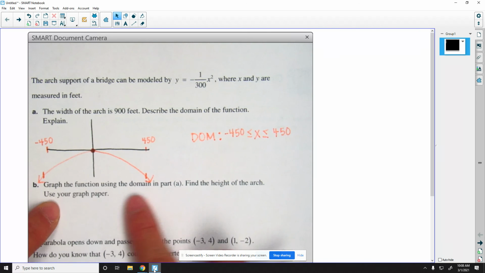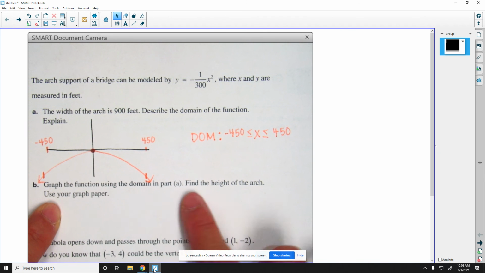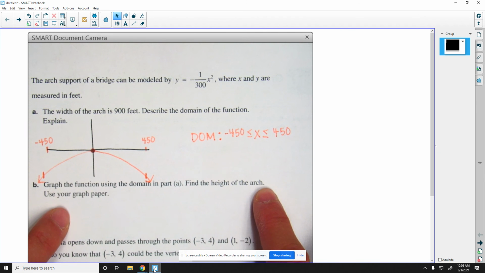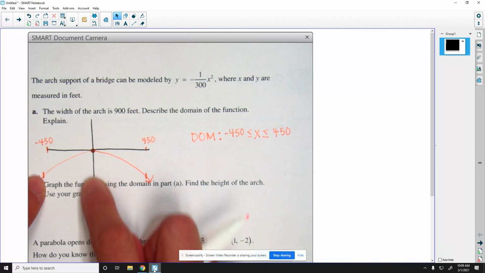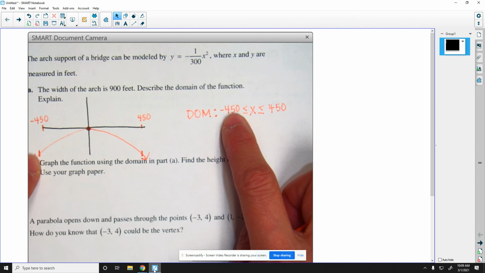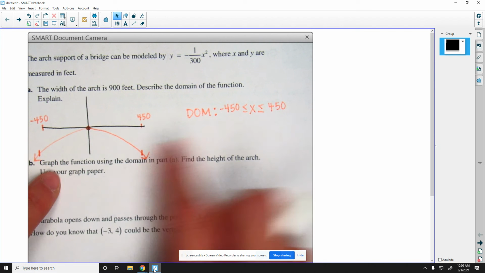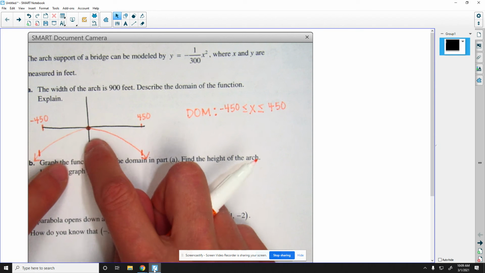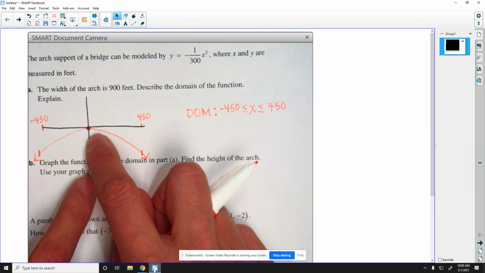Okay, so graph your function. So we just did. Find the height of the arch. So how tall is it? Well, if you know your x's are at 450s, then what is your y? Because don't you want to know how tall it is? And it might not be at 0, 0.